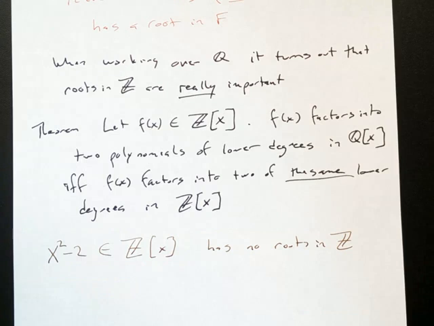Why do I know it has no roots in Z? This is an algebra answer. So why do I know that there are no roots in Z? Because if you solve for x, you get an irrational number.